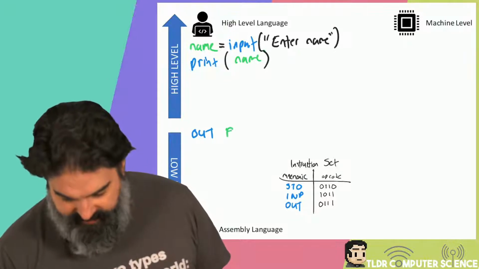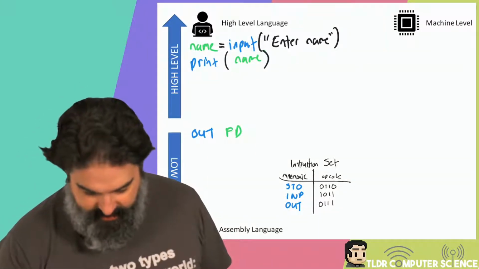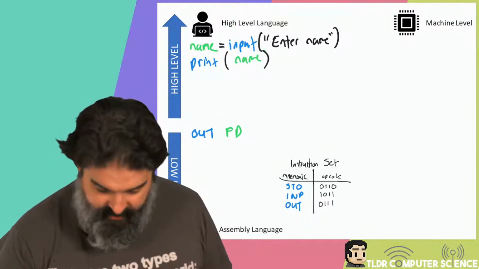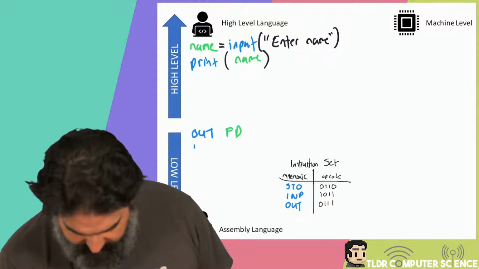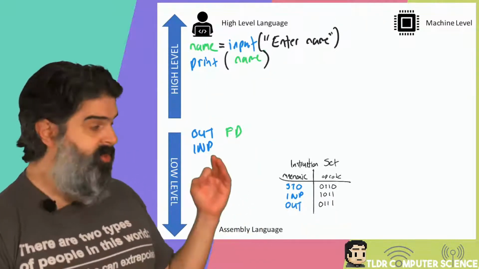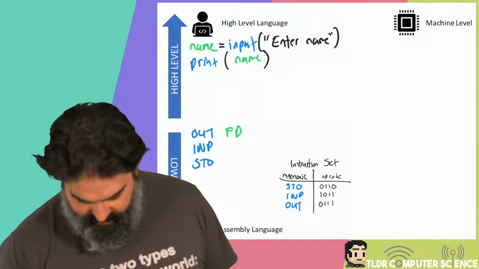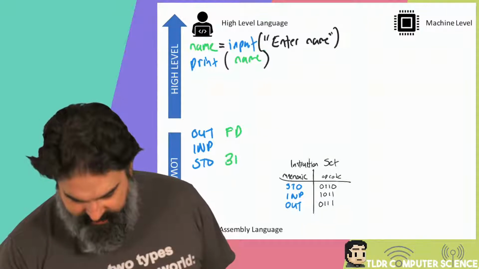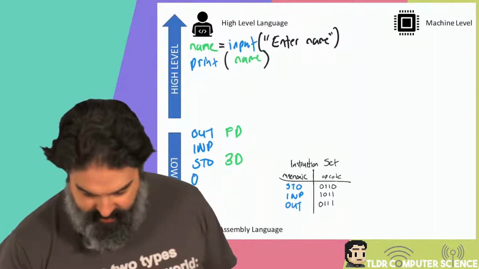So FD or something. And then I'd have to input that value. So input something. And then I'd have to store that value somewhere in another location, like, I don't know, 3D.